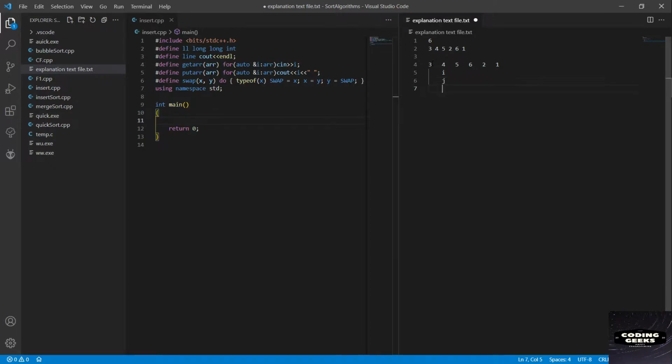And this is a C counter. I'm going to check the comparison between I and J: if the number at J is greater than the number at I, then they will swap. This is basically what the thing is.